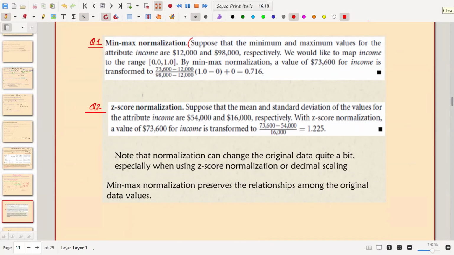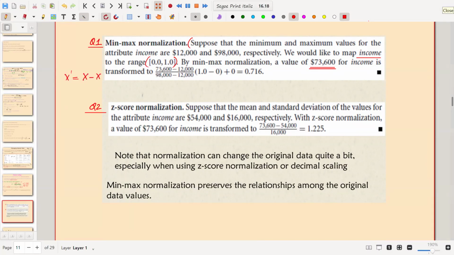What we would like to do is map this income into the range 0 to 1. How can we do that? You can do that by min-max normalization. You can see where this value maps to, right? For that, this is your normalization.